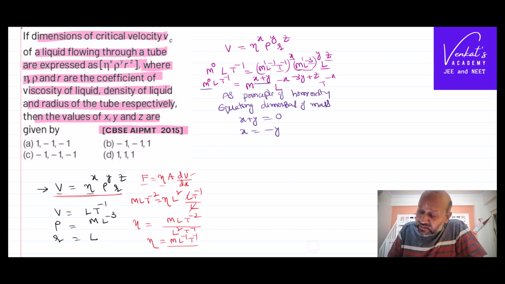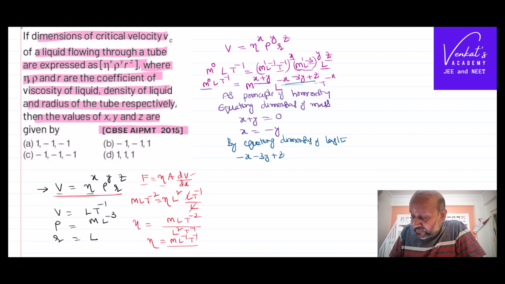Now let's equate the dimensions of length. What is that? Minus x minus 3y plus z on the right hand side. On the left hand side, that is equal to 1.